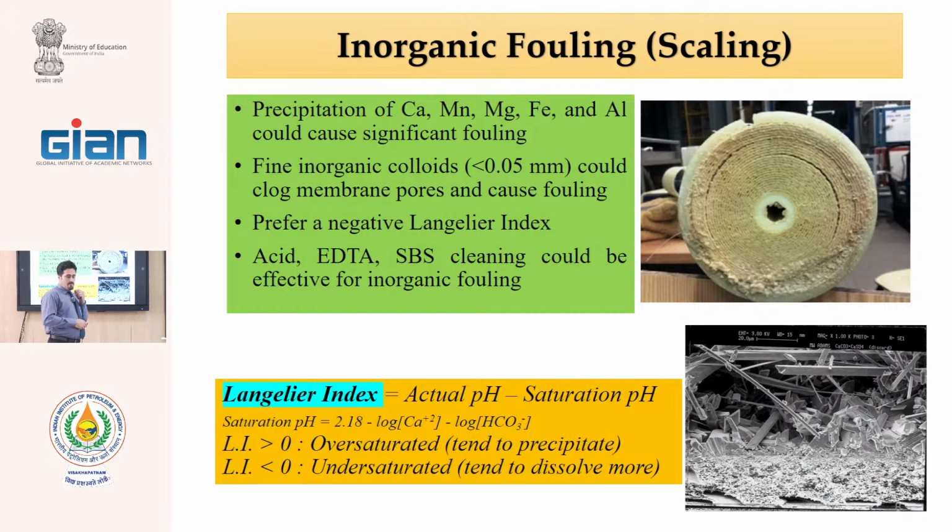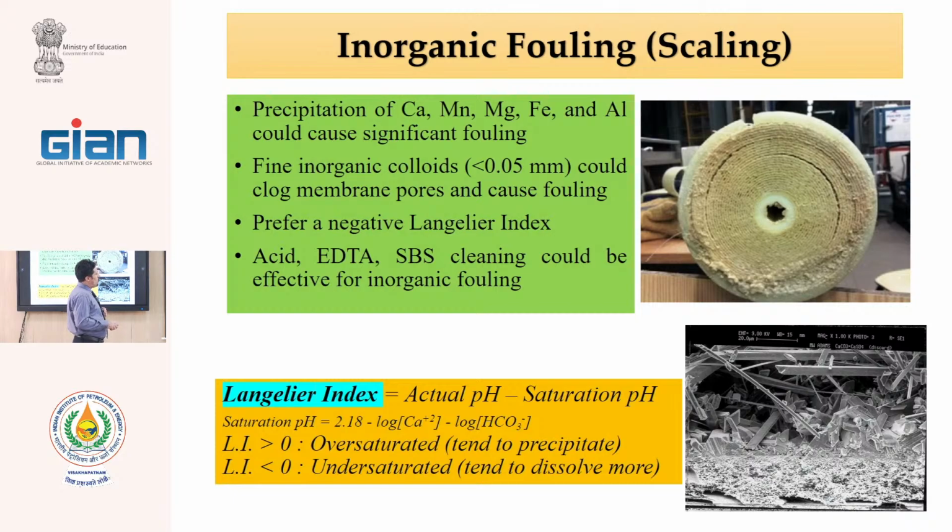In RO, we have the Langelier index, which equals the actual pH minus the saturation pH. The actual pH is the pH of the water, and for calculation of the saturation pH, we have this equation.